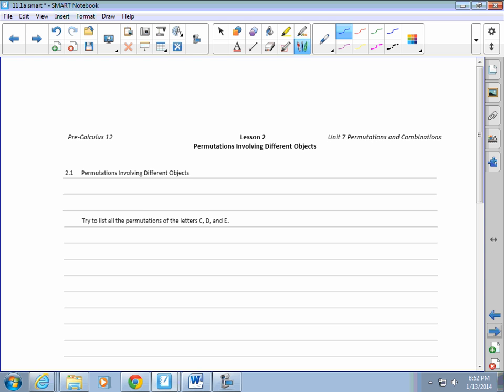So a permutation is just an ordered arrangement or sequence of all or part of a set.